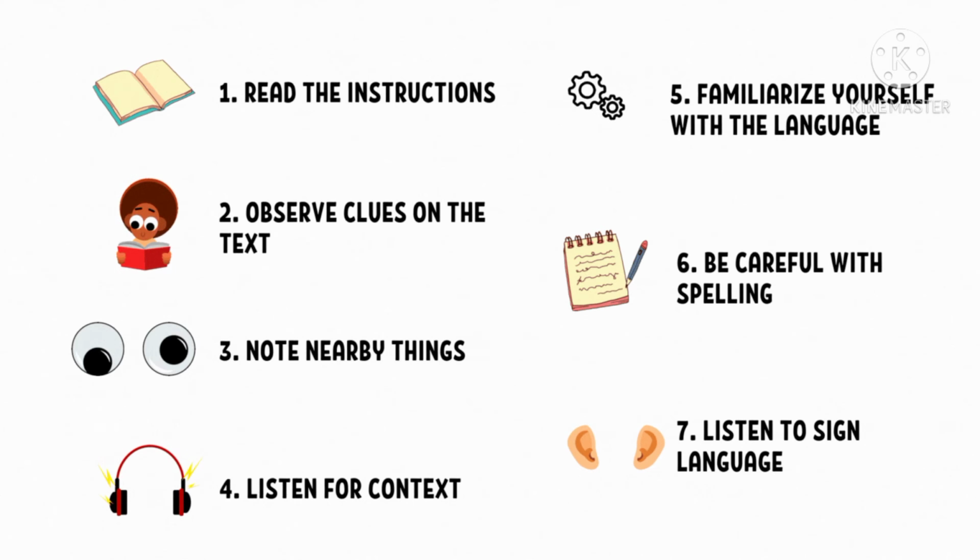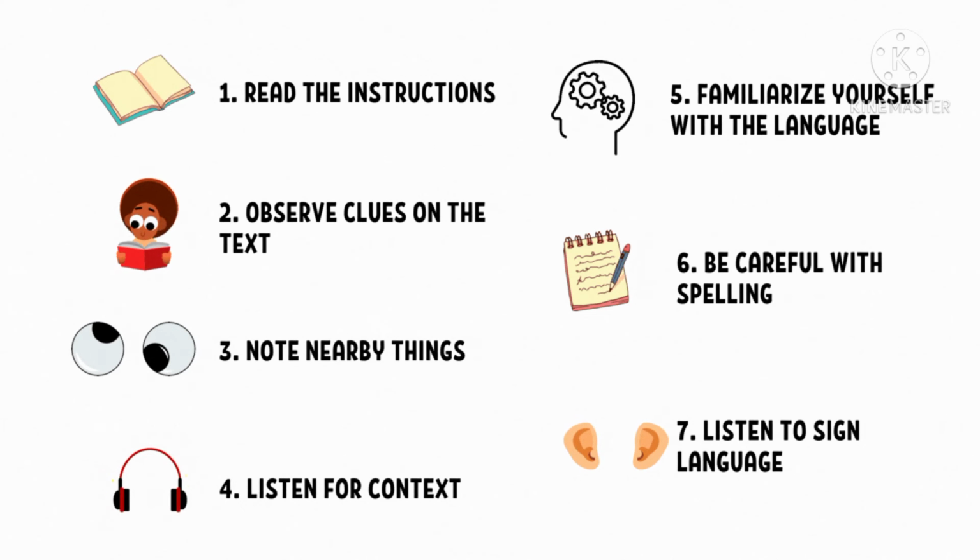Number 3, know nearby things. It means that students should look for close things. For example, if the activity is about a map, and if number 2 or 5 are next to their location, they might be mentioned first. Number 4, listen for context.